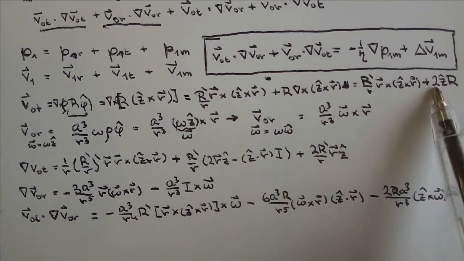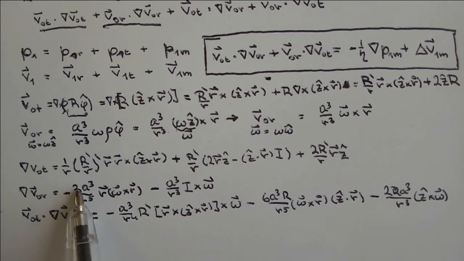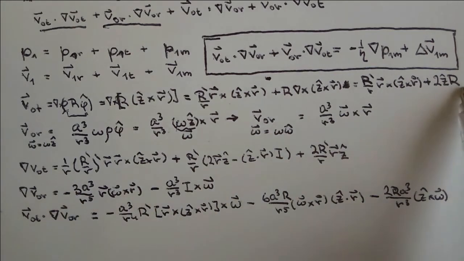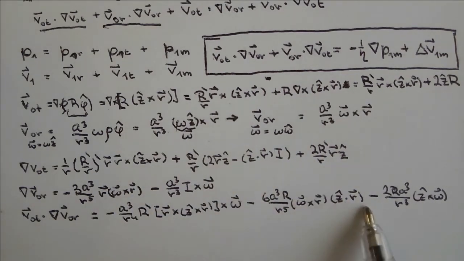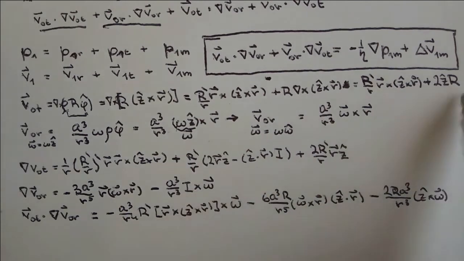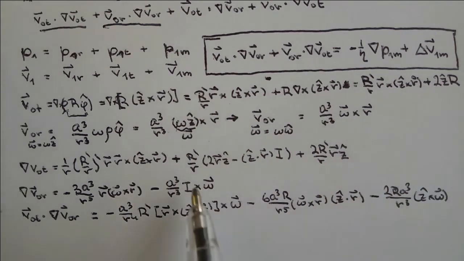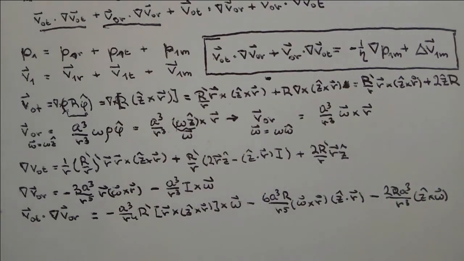And you can take this vector and dot it with the first one. It's minus 6, and there is z vector dot r, and this is dotted with this, which is going to be z cross omega. Very easy, I think, not so complicated.